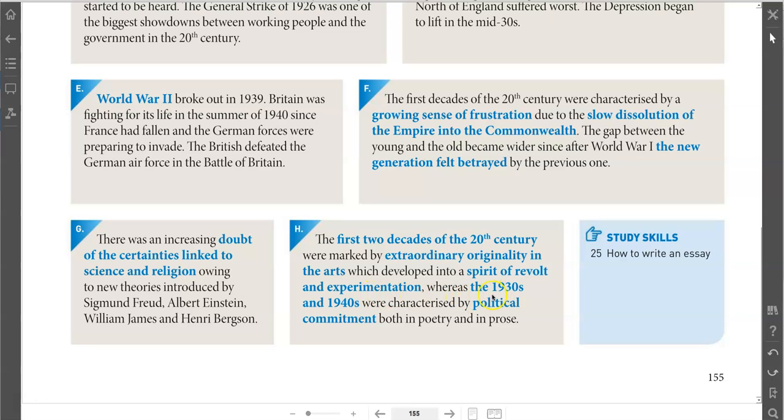Instead, the 1930s and 1940s were characterized by political commitment. That means a political dedication or engagement, both in poetry and in prose.